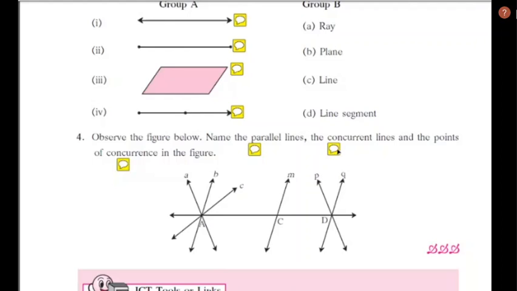These are the concurrent lines: QD and PD, and CA, BA. D is a point of concurrence and A is a point of concurrence.